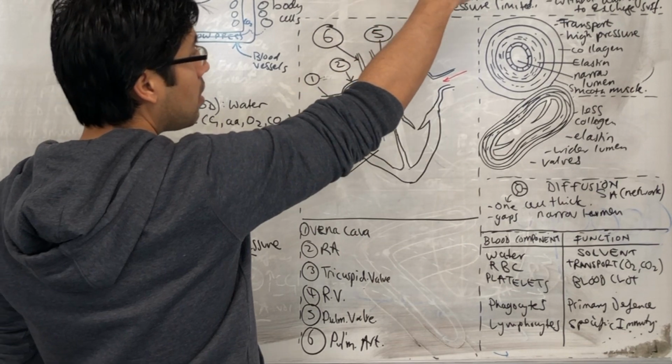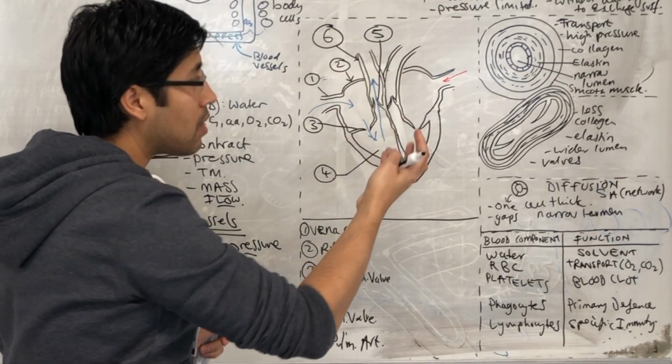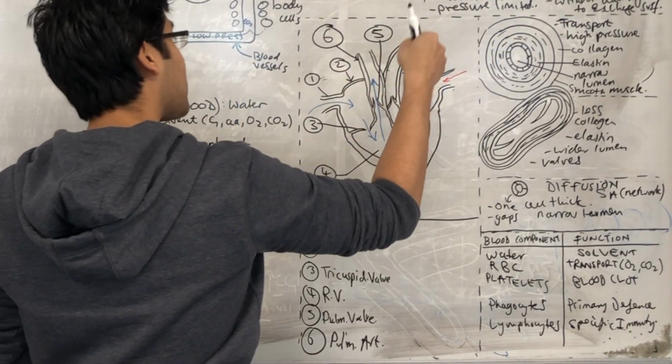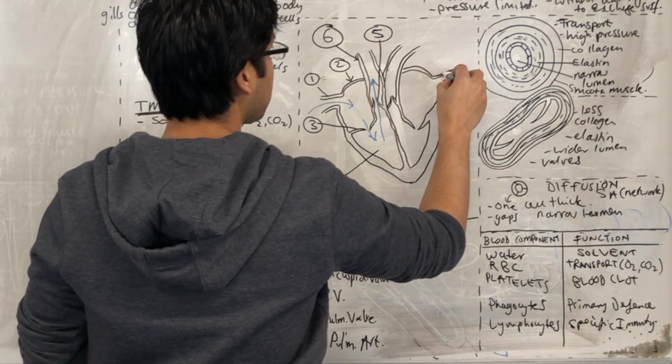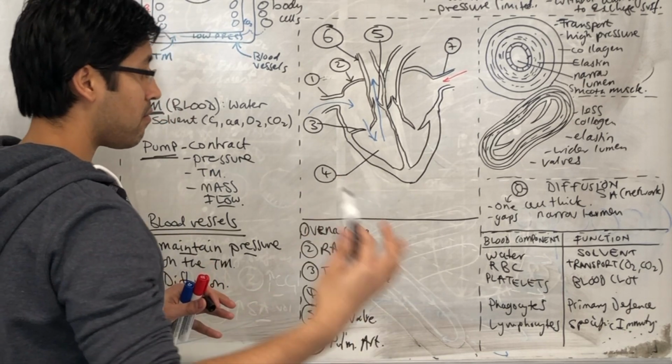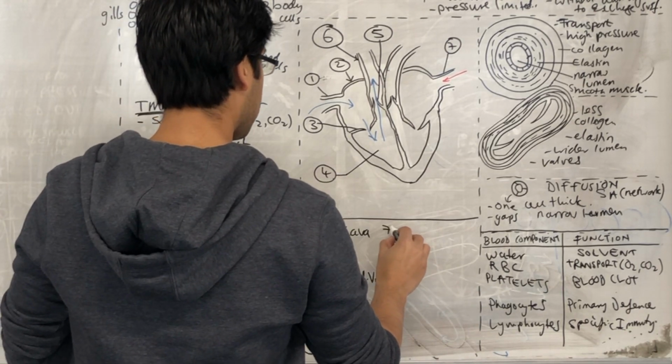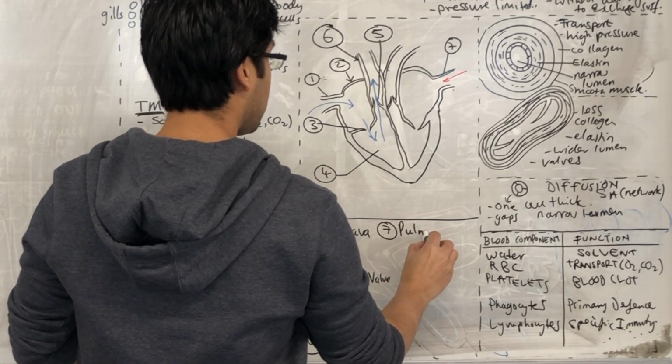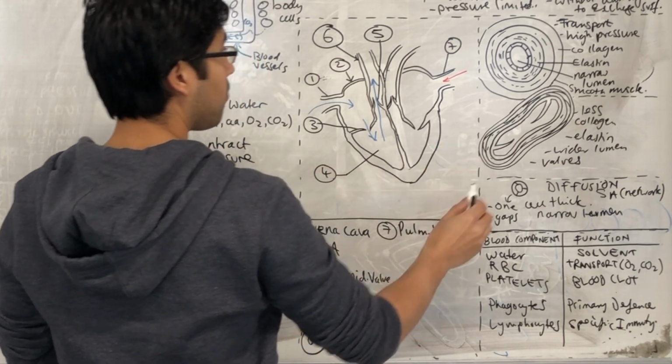Exchange happens at the lungs, blood comes back oxygenated through, I guess we're on structure 7 now, the pulmonary vein, right? So structure 7, pulmonary vein.